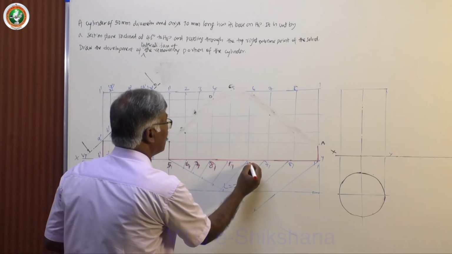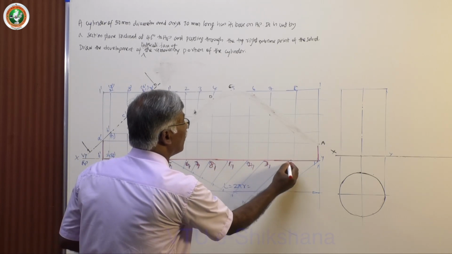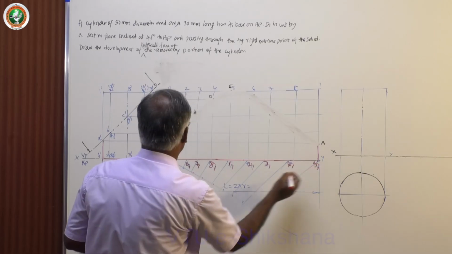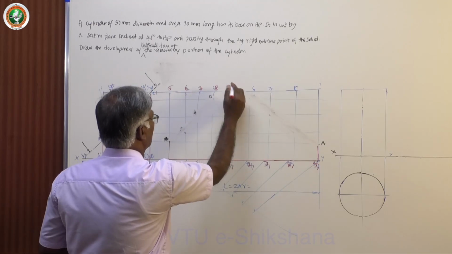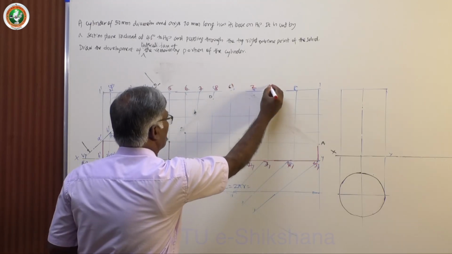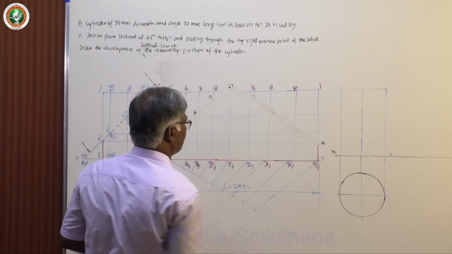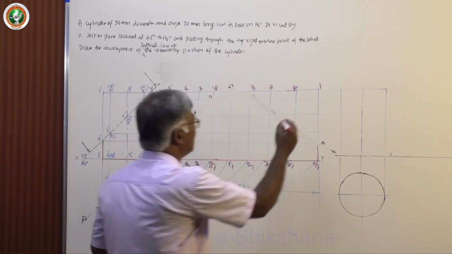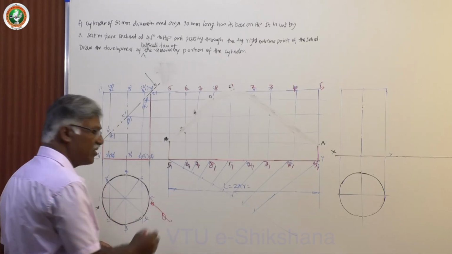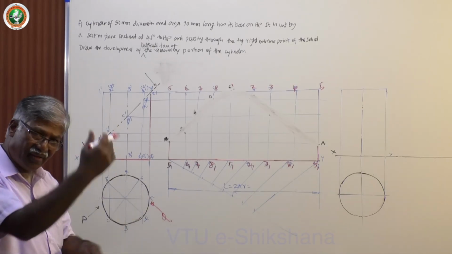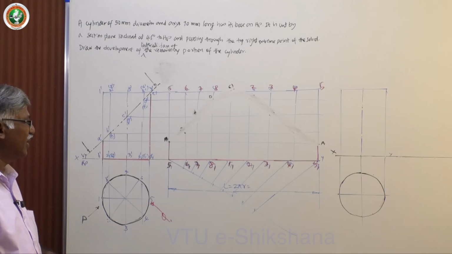This is 1, 1, 2, 1, 3, 1, 4, 1. Again 5, 1. This is 5, 6, 7, 8. This is 1, 2, 3, 4, 1. Sorry, 5. Okay. Assume that this is Q. The reference is Q now. I cut it along the 5, 5 1 generator and then spread it.